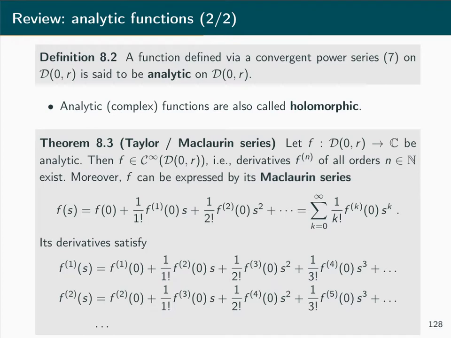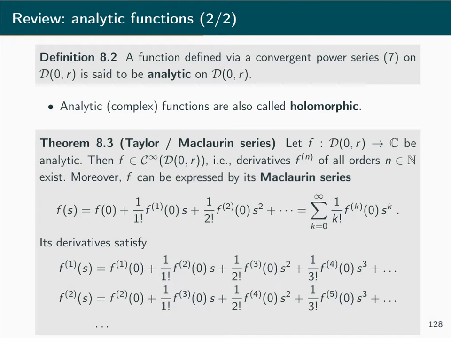Moreover, f can be expressed at any point s of its domain by a so-called Maclaurin series, which reads as follows: f(0) plus 1 over 1 factorial times the first derivative of f at 0 times s plus 1 over 2 factorial times the second derivative of f at 0 times s squared, and so on, which equals this infinite power series.